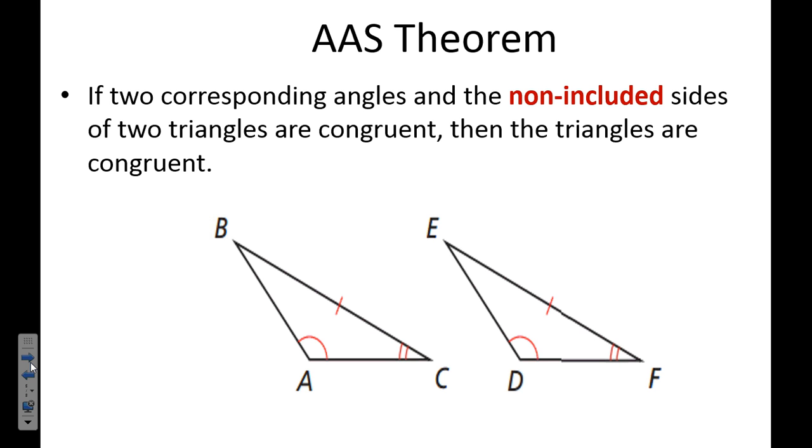Angle, angle, side says that if two corresponding angles and their non-included side of two triangles are congruent, then those triangles are congruent. Two corresponding angles and the non-included side of one triangle are congruent to two corresponding angles and the non-included side of the other triangle. Those triangles have to be congruent.